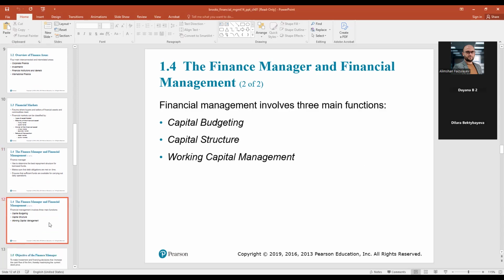Financial management actually involves three main functions: capital budgeting, capital structure, and working capital management. This is the role of the financial manager, what the financial manager should do in the company. First of all, determine a project. Identify which project will give you more money, which project will be more profitable for you.